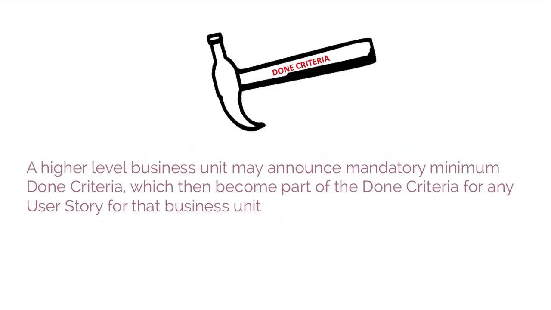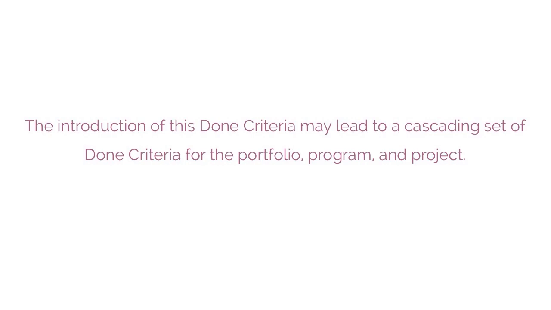Minimum done criteria. A higher-level business unit may announce mandatory minimum done criteria, which then become part of the done criteria for any user story for that business unit. Any functionality defined by the business unit must satisfy these minimum done criteria if it is to be accepted by the respective product owner. The introduction of this done criteria may lead to a cascading set of done criteria for the portfolio, program, and project.